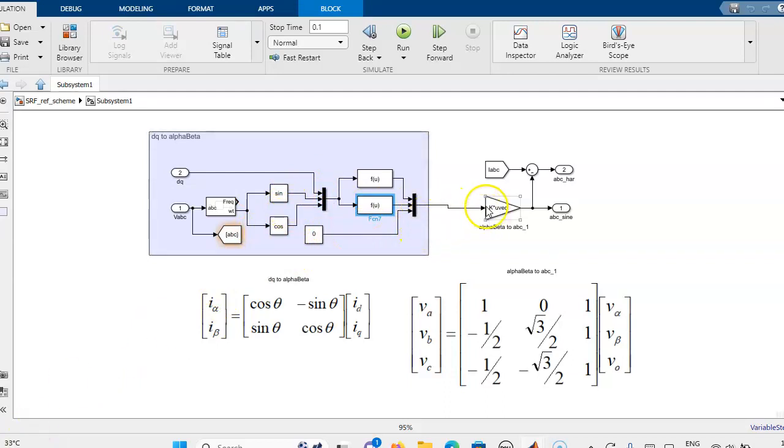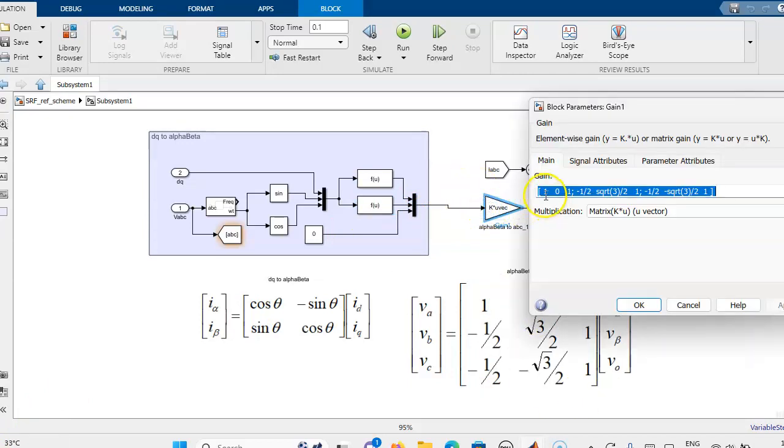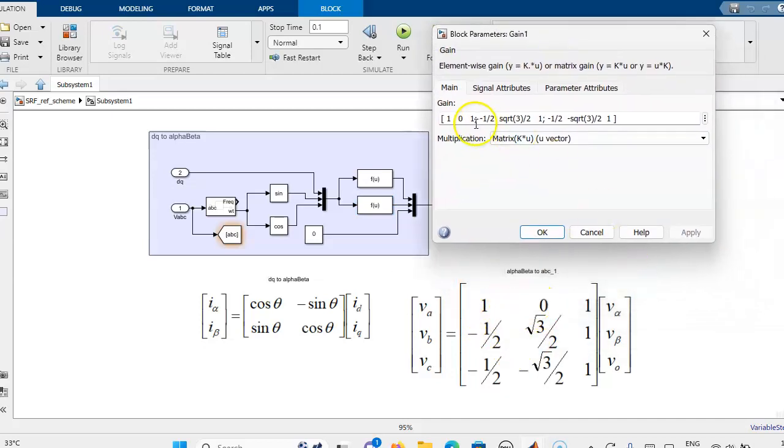Then that is given to this gain block, where we use the same thing: first row we write here, semicolon, second row, then semicolon, third row, and again we use the matrix K into U.